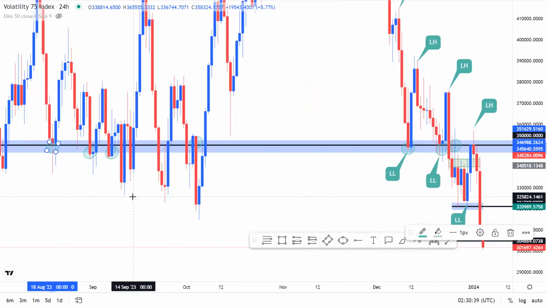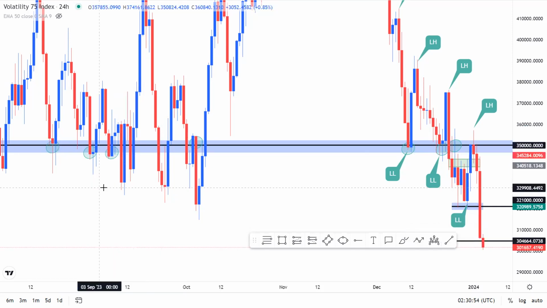So typically, I would love to see at least a minimum of 3 times that price has tested a level and then has had to reject the level very strongly for the level to be an area of interest.